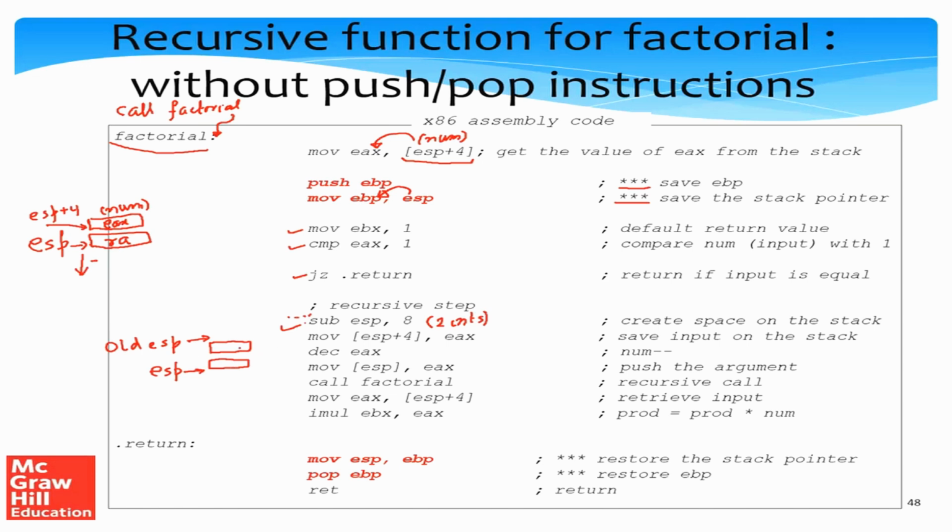And a new stack pointer will point over here. So what I can do is at ESP plus 4, which is this location, let me save the value of the current number, right? And then at ESP, which is this location, let me decrement the number by 1 and save num minus 1.